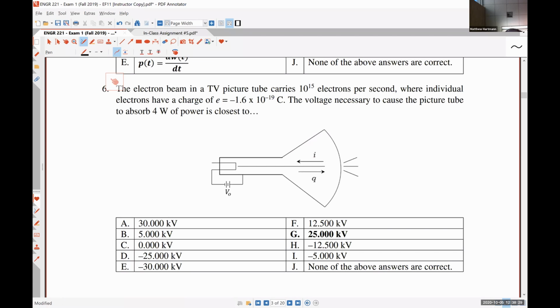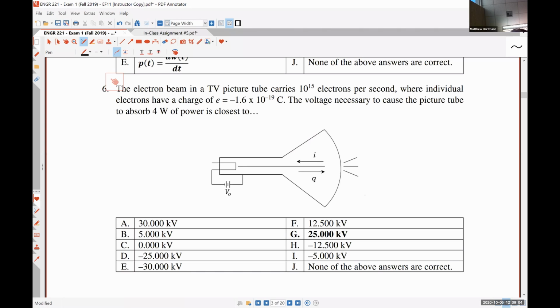All righty, so let's see what we got going on here. We have current and we have power, right? The reason I say we have current is because we have the charge of an electron and the number of electrons per second. So our current, I, which notice is in the opposite direction of the charge Q here.